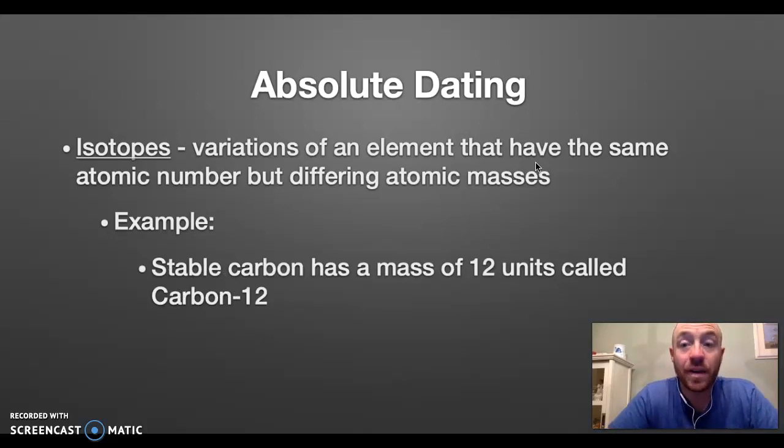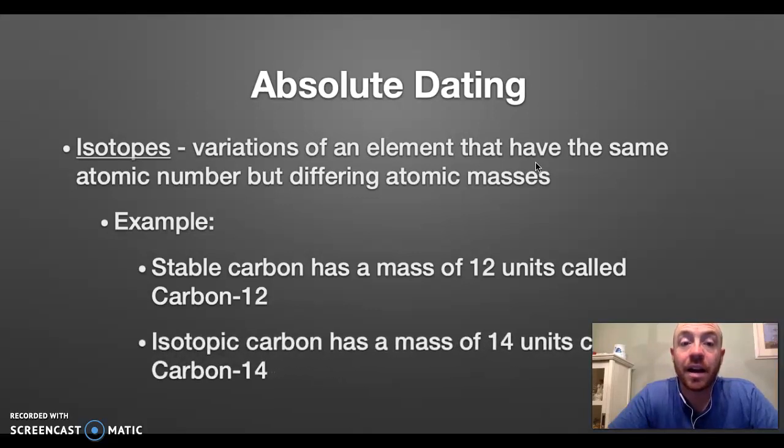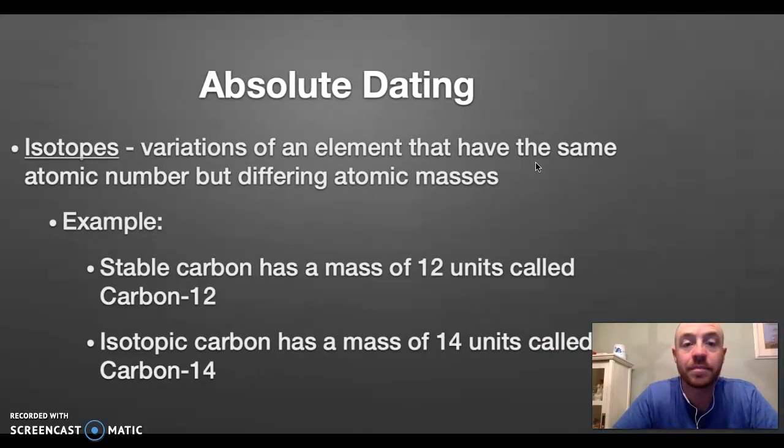We call that carbon 12. An isotopic carbon has a mass of 14, and that causes it to be carbon 14. This is a different version of carbon that exists within nature, but that one is a little bit more unstable. That one breaks down over time.